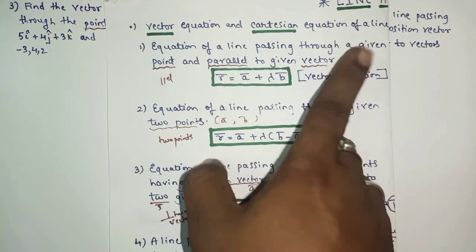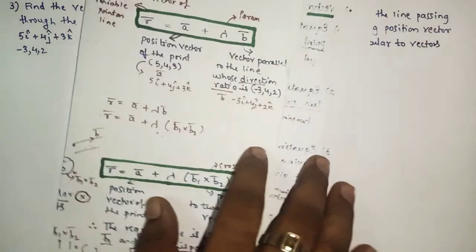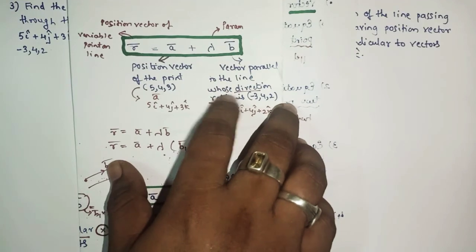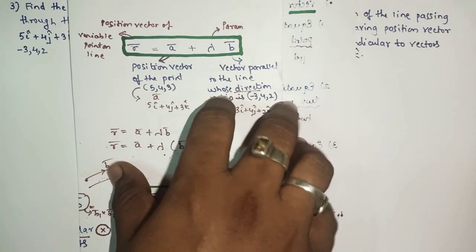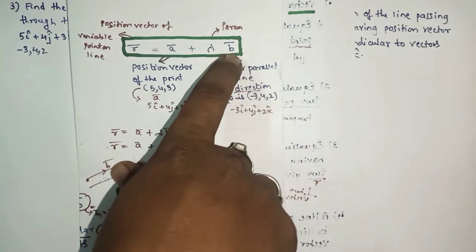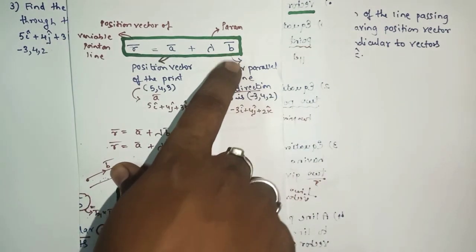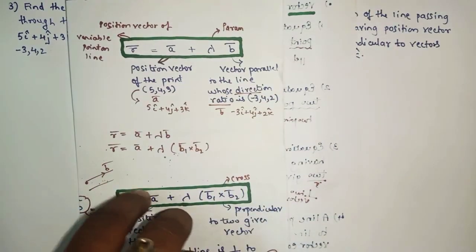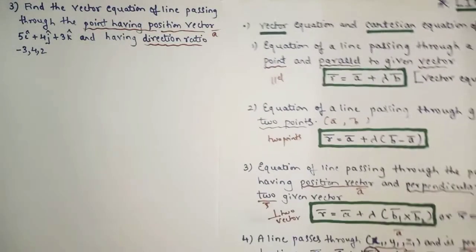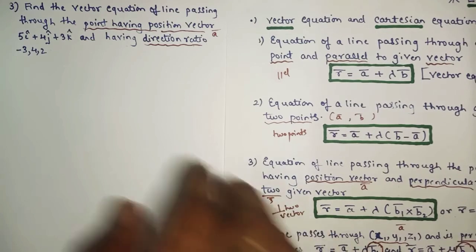Parallel to the given vector, and it is also known as the vector parallel to the line having the direction ratio. Sometimes they will use the words vector parallel to the line in the statement. So in this question there is a change.